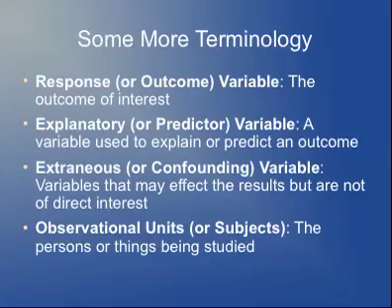And a confounding variable, or an extraneous variable, more commonly a confounding variable, is a variable that may affect the results but isn't of direct interest. Like taking smoking and lung cancer again, for a long time the tobacco industry tried to claim, well, it isn't smoking that causes lung cancer, there's probably some gene that makes people highly nervous or something like that, and that gene makes them more likely to smoke and more likely to develop lung cancer, but one isn't directly causing the other.